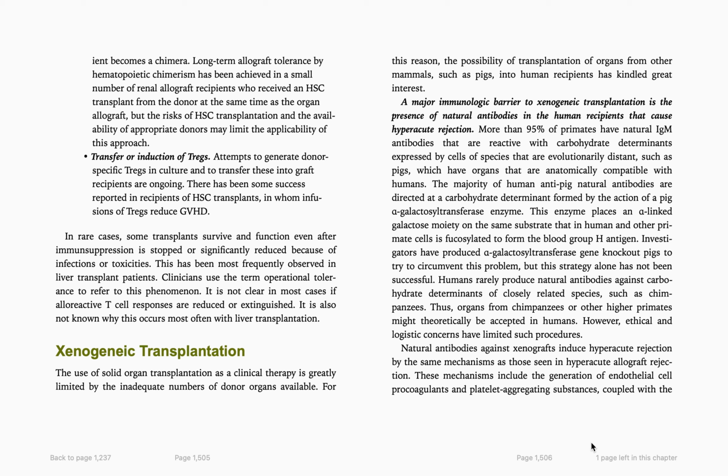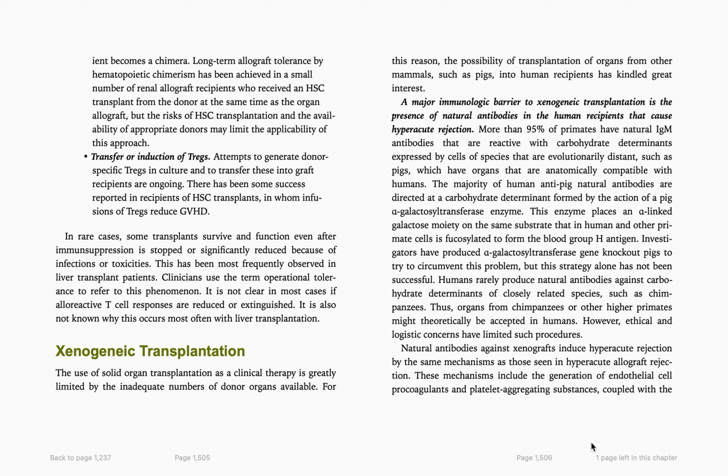A major immunological barrier to xenogenic transplantation is the presence of natural antibodies in human recipients that cause hyperacute rejection. More than 95% of primates have natural IgM antibodies that are reactive with the carbohydrate determinants expressed by cells of species that are evolutionarily distant, such as pigs, which have organs that are anatomically compatible with humans.